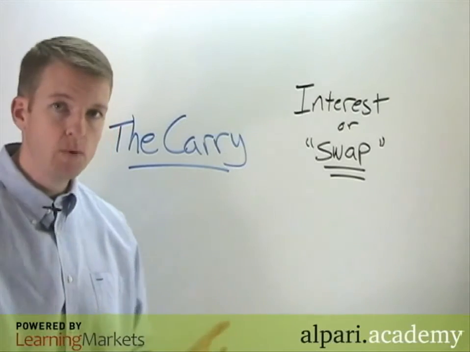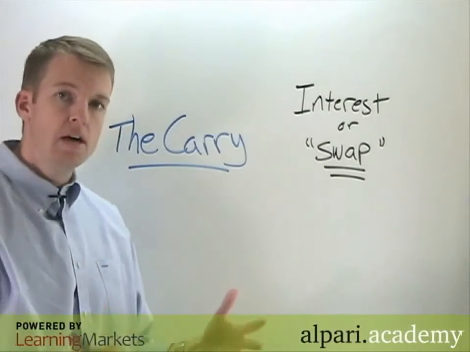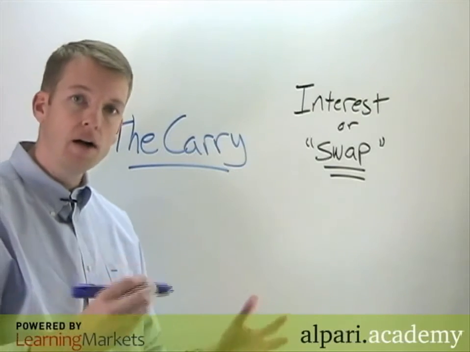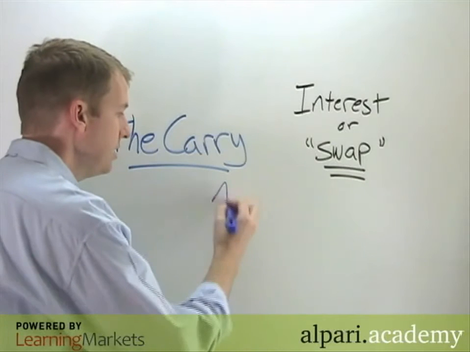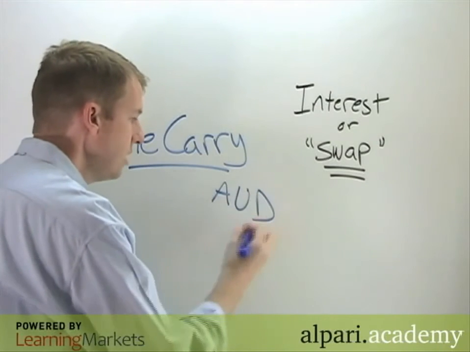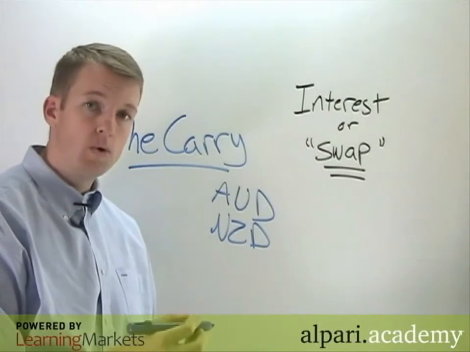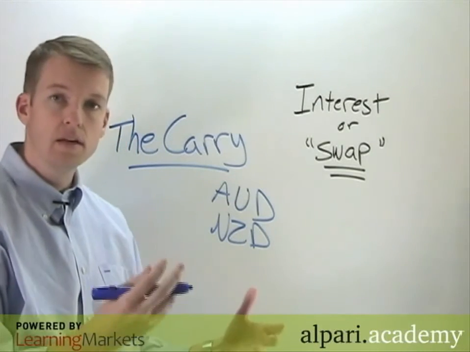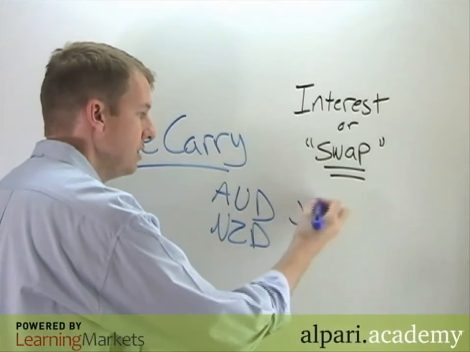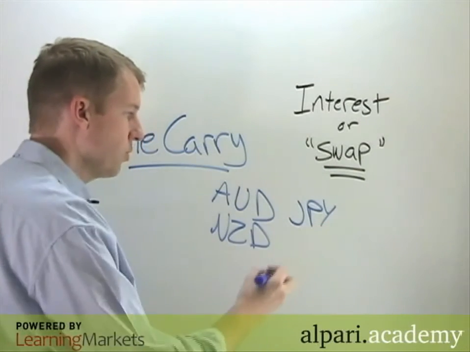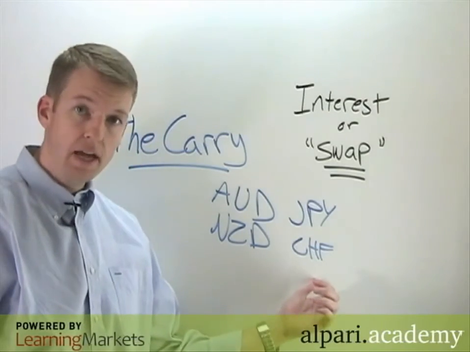Another version of this, by the way, is that traders will accumulate a carry trade portfolio. They may be long several high interest bearing currencies like the Aussie, the Kiwi, and even some more unusual crosses like, recently, the Krona, and they'll be short the yen and the franc, some of these low yielding currencies on the other side.